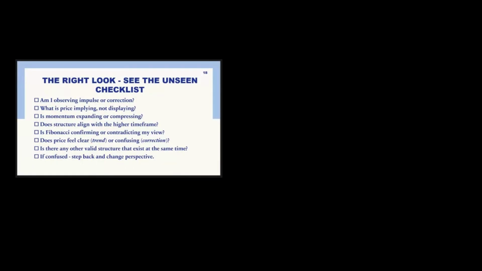Now, the right look is not about seeing more. We cannot say that if you know the right look of the market, you see more than others. No, you see the same thing, but you see it in a correct way, without being biased. So what is perception? We have been speaking about the perception that affects the market look.